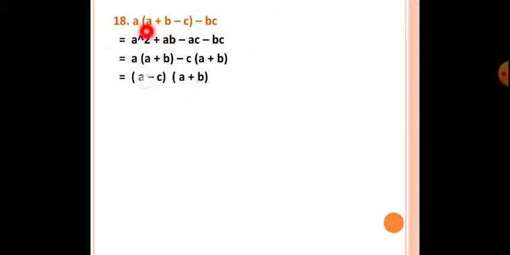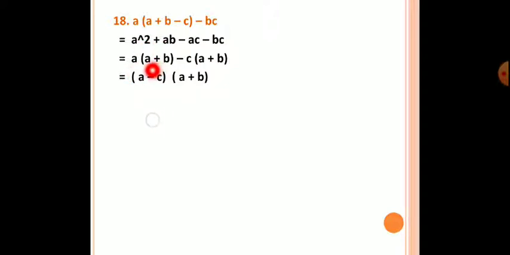Question number 18. a(a + b - c) - bc. If I multiply this, a into a is a square, plus a into b is ab, minus a into c is ac, minus bc. From the first two terms we can take an a common.